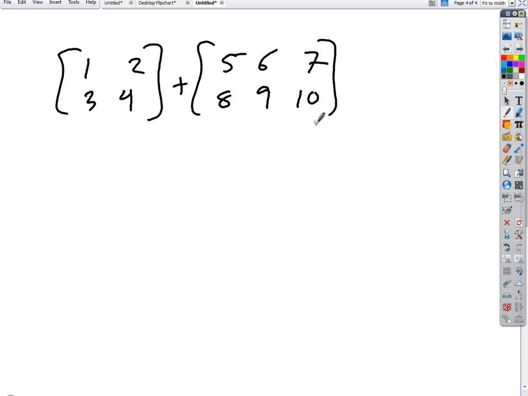Doesn't work, does it? It doesn't work. They don't match up. These two go together, these two go together, but there's nobody to go with that 7, so it doesn't work. Okay? Make sense? And your calculator would tell you that. If you tried to do this on the calculator, as I will show you in a second, your calculator would say error dimension mismatch, meaning the dimensions of the matrices don't go together for addition.